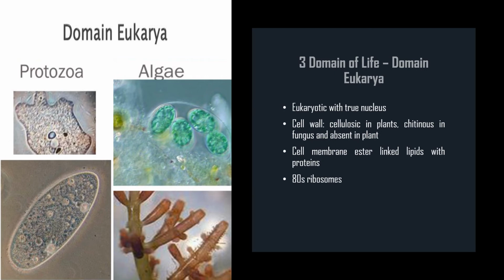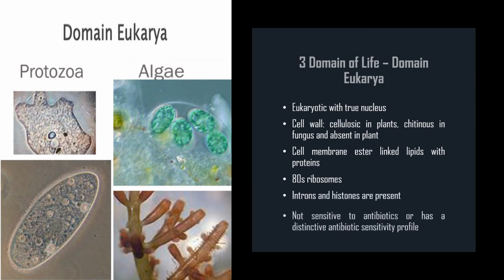They have 80S ribosomes. Introns and histones are present, and they are not sensitive to antibiotics or have a distinct antibiotic sensitivity profile. Domain eukarya includes plants, animals, and microorganisms classified as protists or fungi.